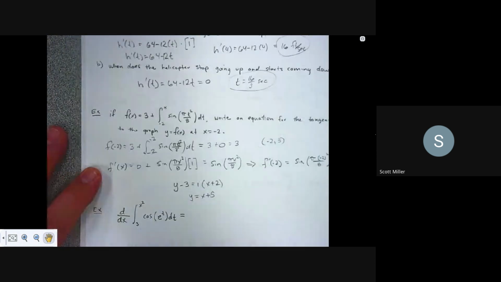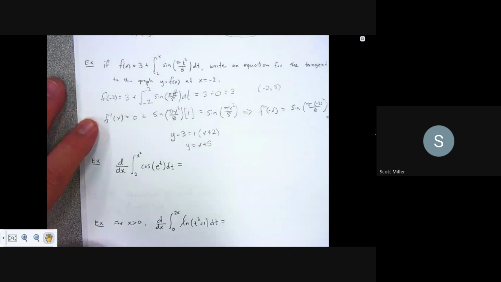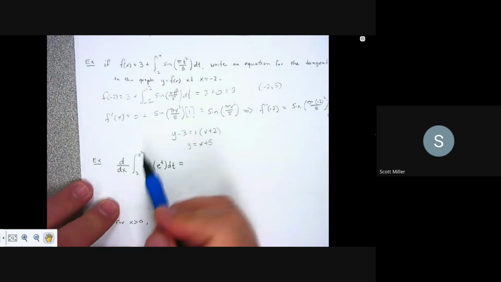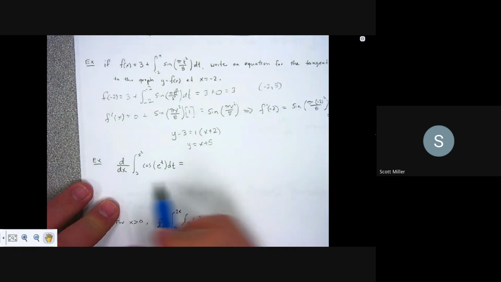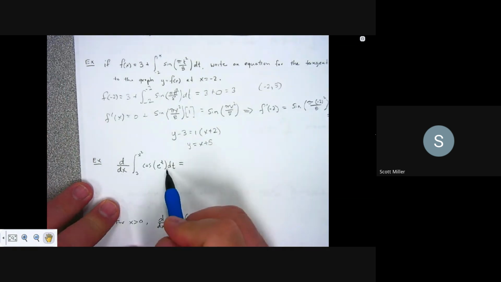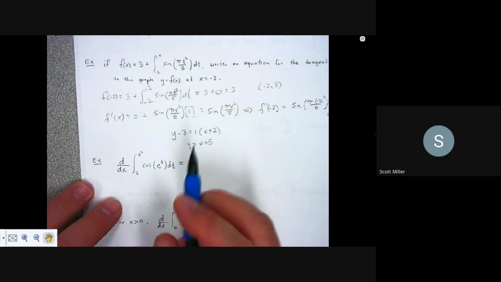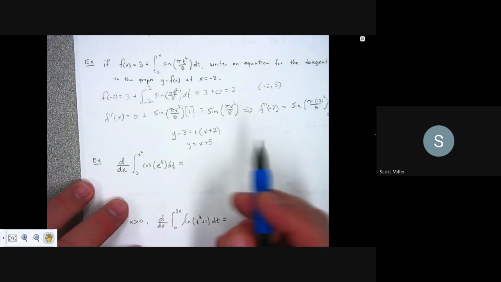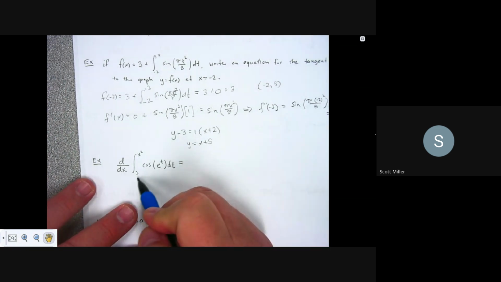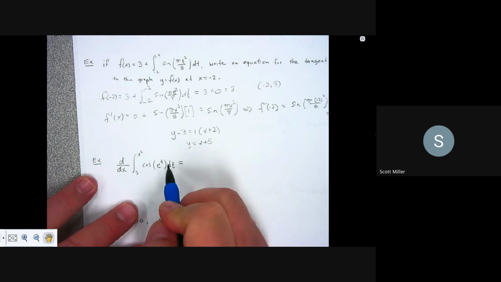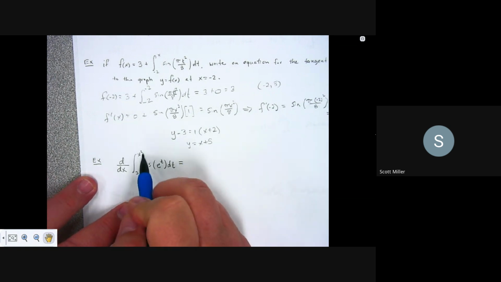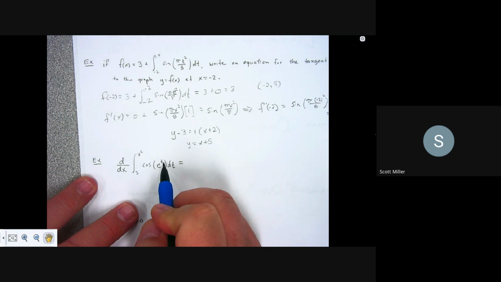Okay. In this example right here, I'm taking just another different look. I'm taking the derivative of this quantity right here. So this is invoking the fundamental theorem of calculus. This is a constant down here, so that's going to be 0. But the derivative of this is that function, h of x, based off of the rule: that goes and replaces the t in here.